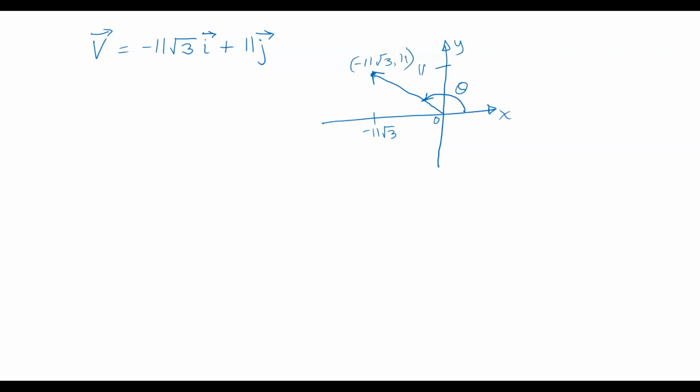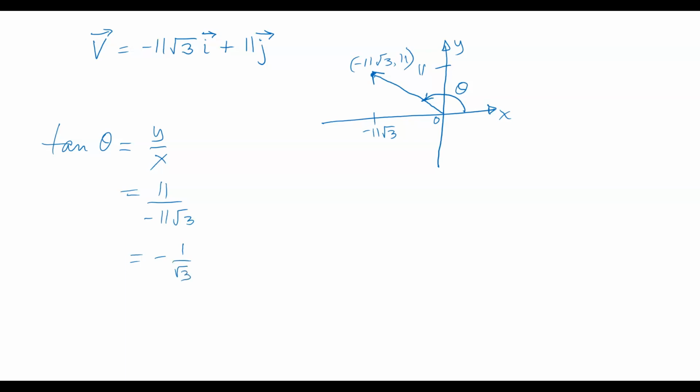To find the direction angle, we are going to take the tangent of theta, which we know is equal to y over x. In our problem, this is equal to 11 over negative 11 square root of 3, which is equal to negative 1 over the square root of 3.